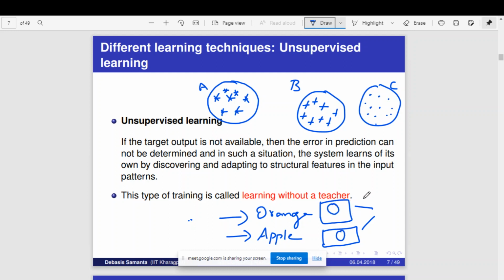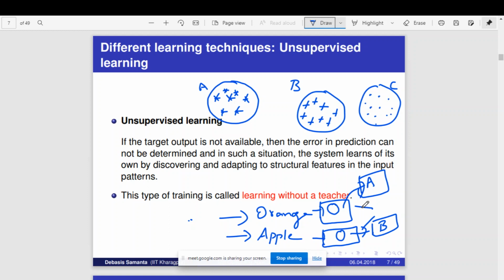So all these images it will put into one class, say class A, and all these apples it may put in another class, class B. It actually doesn't know that this is orange and this is apple, but it will know that this belongs to a separate class and this belongs to a separate class. How does it know? Because the features of this image are different from the features of this image. So based on the features, it classifies.